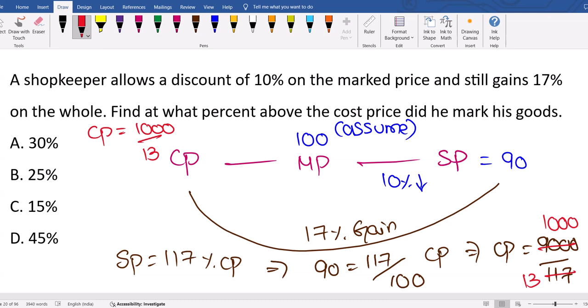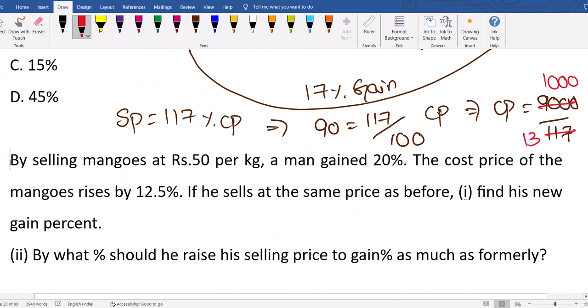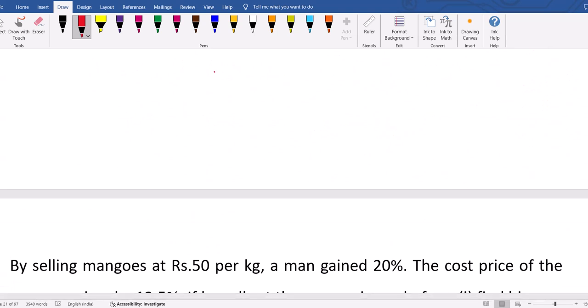Is it less than 100 or not? 1300 divided by 13 is 100. 1000 divided by 13 means less than 100. So you increase the price to 100. What is the percentage increase, is the question.